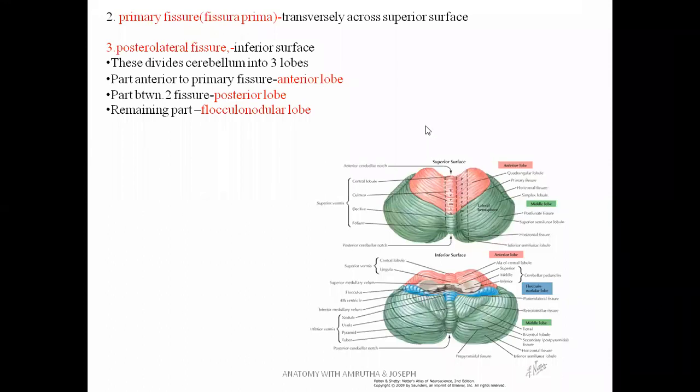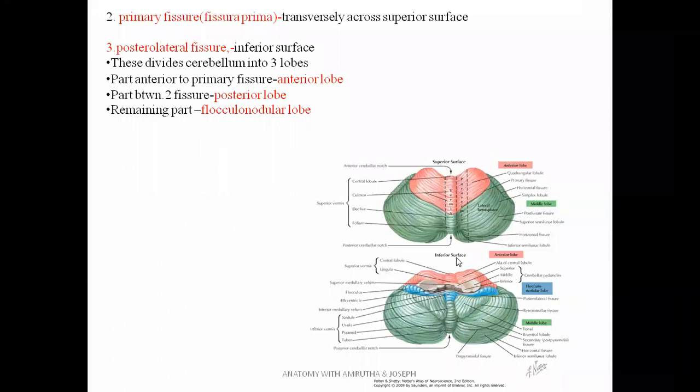So what we have understood is that there are three fissures: the primary fissure, the horizontal fissure, and the posterolateral fissure. Anterior to the primary fissure, this area is called the anterior lobe.